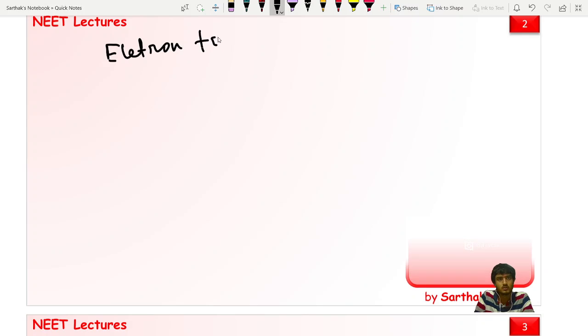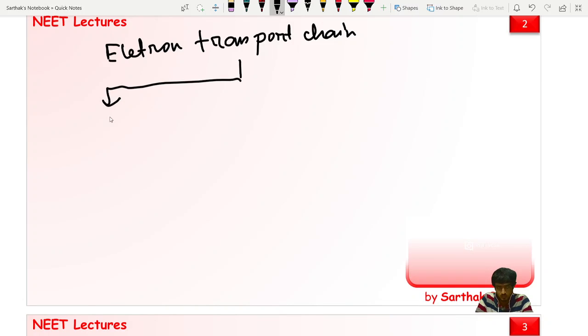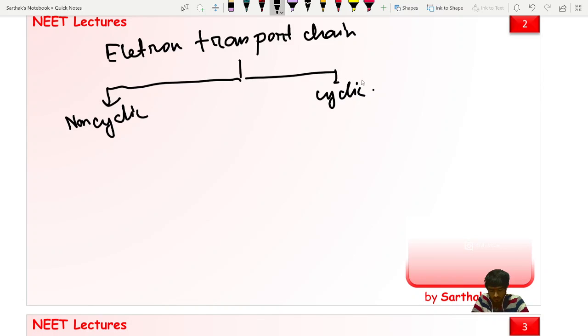The first type is non-cyclic and the second type is cyclic.